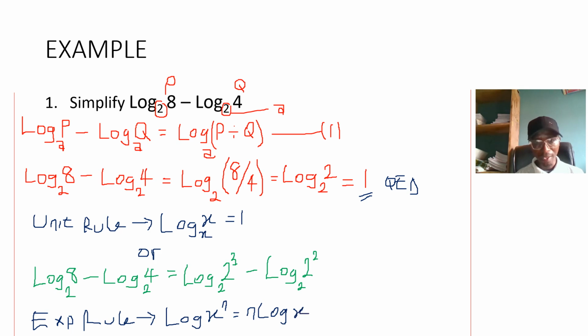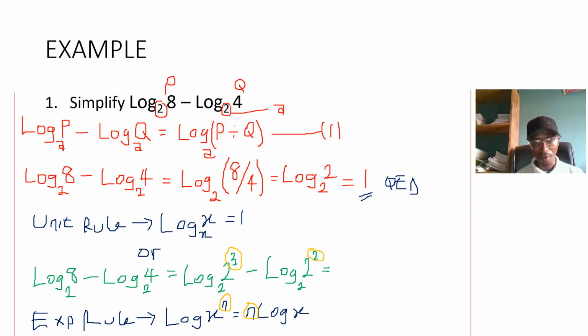So if we apply that law now, this 3 here will come down because of this law. Look at it, log x raised to power n, the n comes down to become the coefficient, and this 2 also will come down.